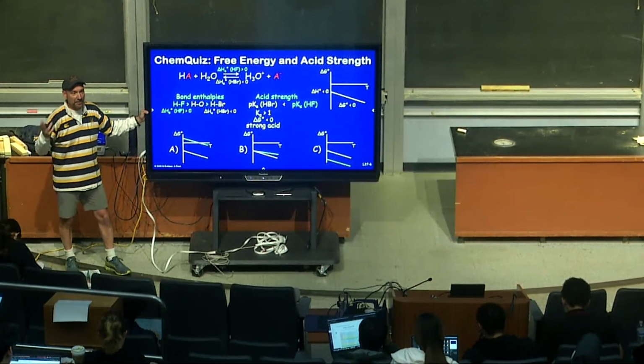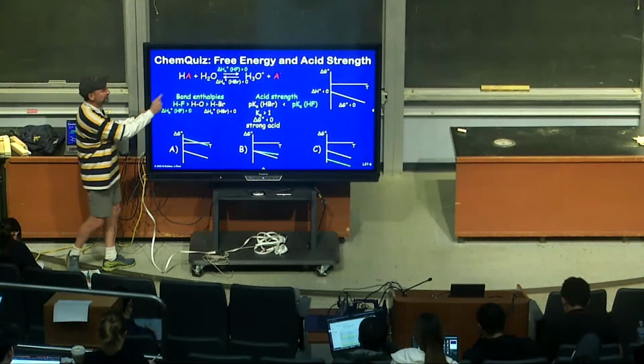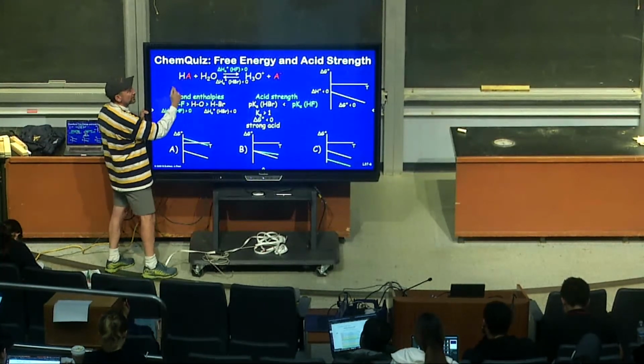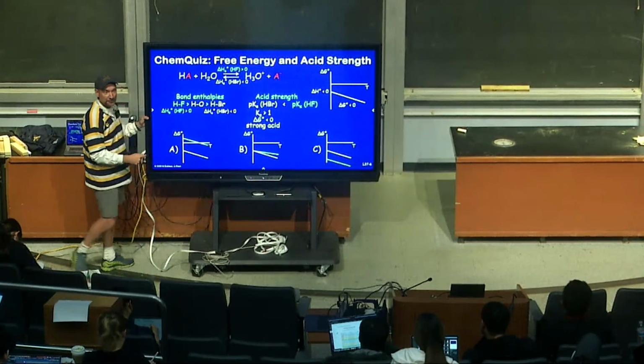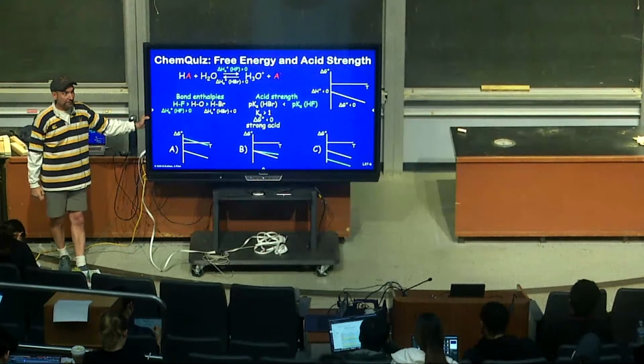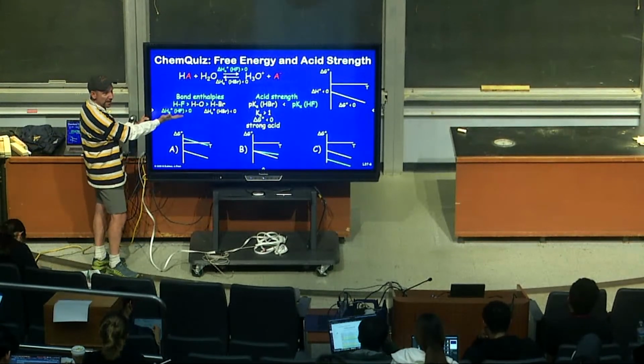So bonds broken minus bonds formed there. If this is a stronger bond, it takes more energy to break that than you get back when you make that. So you assume that's endothermic. Okay? Yikes, that's a lot in there, but important, but that's how I would arrive here.